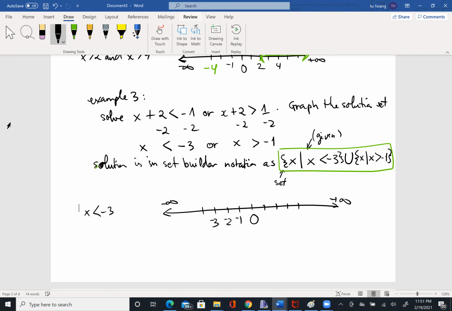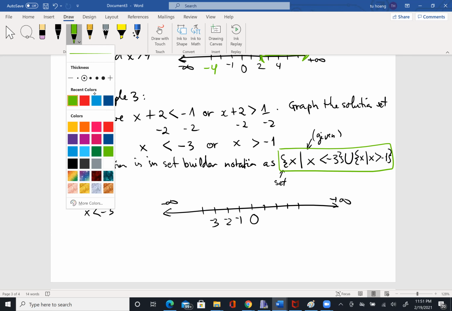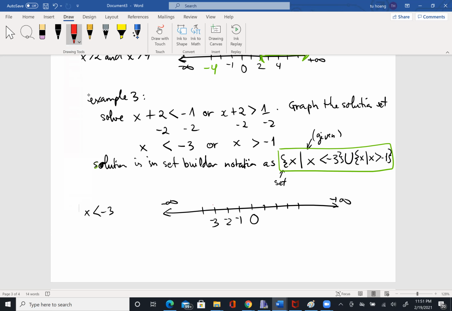For x less than -3, I should not include the -3, right? And since I want less than that, I should go to negative infinity. That's why.